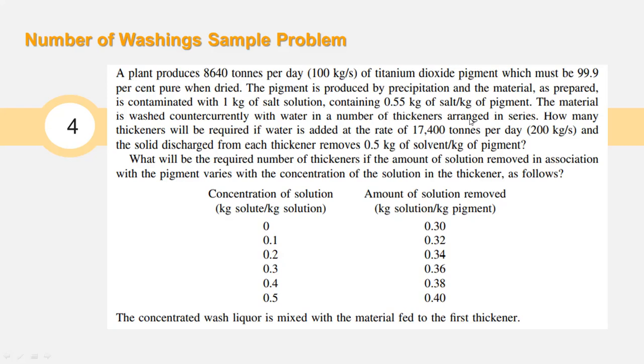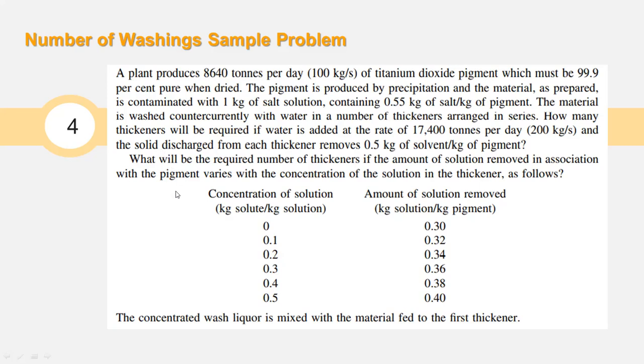It requires you to find the number of thickeners with this condition, that the amount of solvent discharged from the underflow of each thickener is 0.5 kilogram per kilogram of pigment. So this much solvent goes with your solid in the underflow.